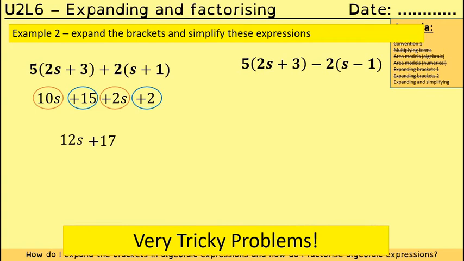Now this one is going to be a little bit trickier, because notice it's actually pretty much the same as the previous question, except we have this subtract 2 times s minus 1 here. So let's see what effect this negative in the middle here has on our answer. So when we multiply out these brackets, we're going to get 10s plus 15, take away 2s, add 2.